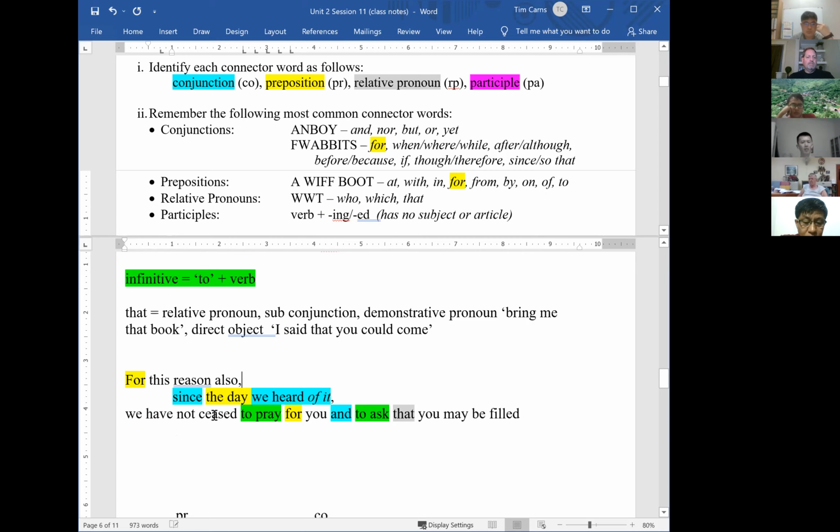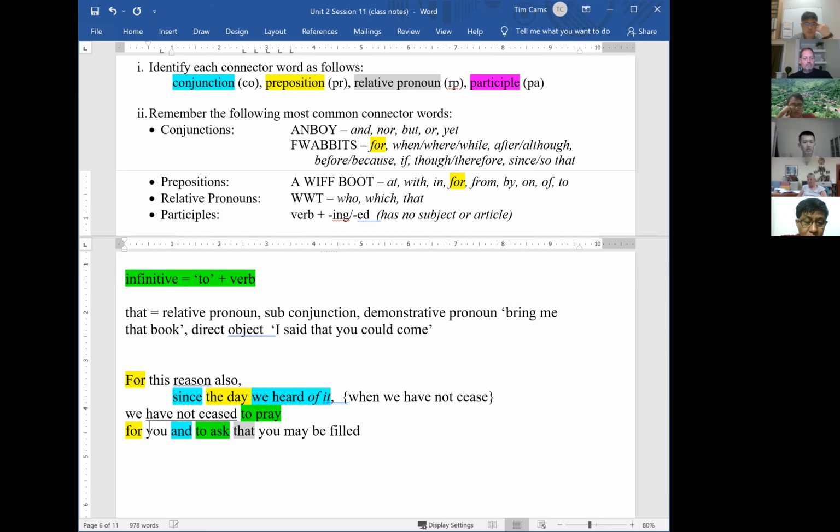When have we not ceased? Since the day we heard of it. So this is answering the question of when we have not ceased. Okay, so it's modifying this verb. This reason, since the day we heard of it, when we have not ceased.